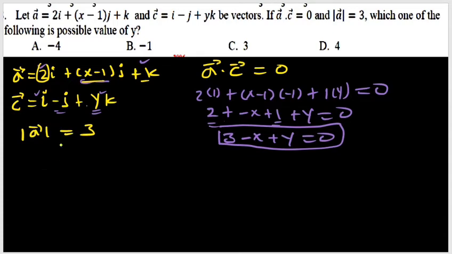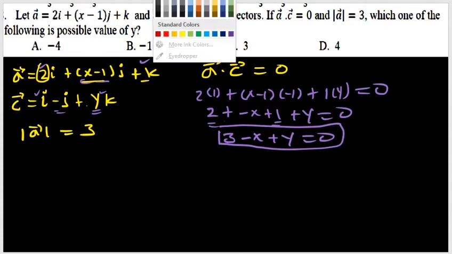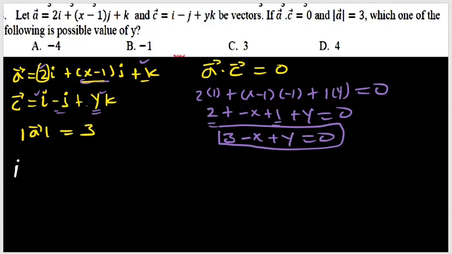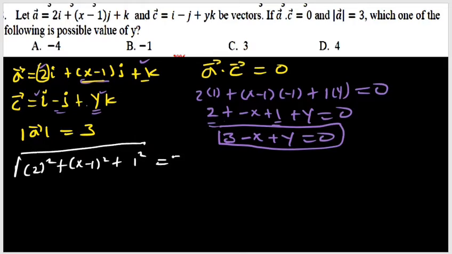So the square root of 2 squared plus (x minus 1) squared plus 1 squared is equal to 3. We can square both sides and eliminate the radical.